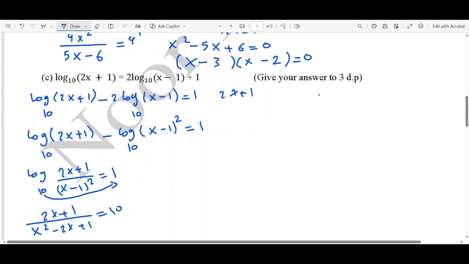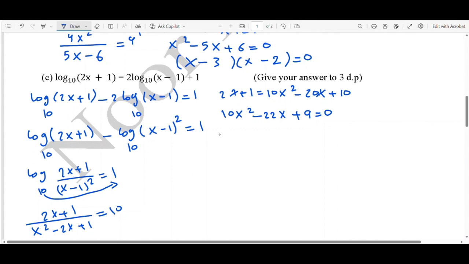2x plus 1 equals 10x squared minus 20x plus 10. So 10x squared minus 22x plus 9 equals 0.